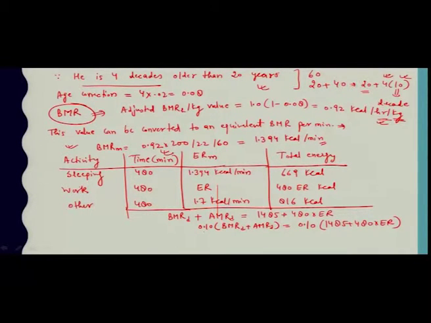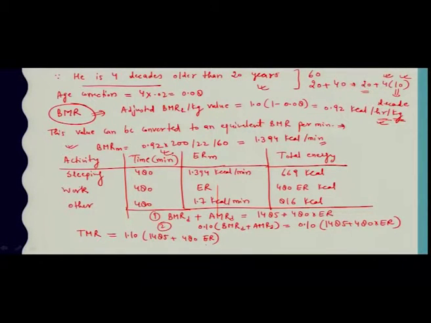So if you add these 1 and 2, you will get as a total metabolic rate, which is the sum of the three types, BMR plus AMR plus this DMR. So we will sum up as 1.10 times 1485 plus 480 energy expenditure rate.